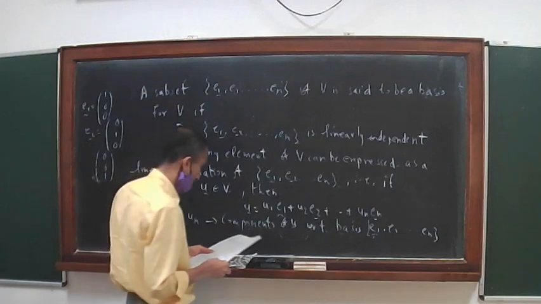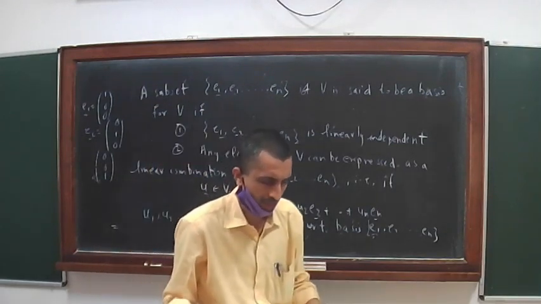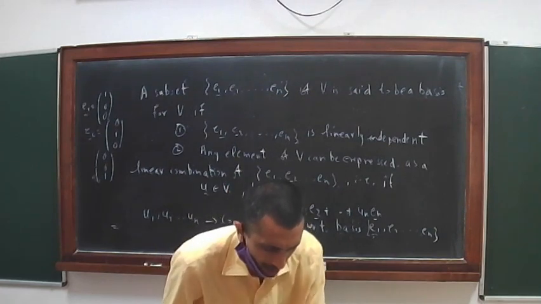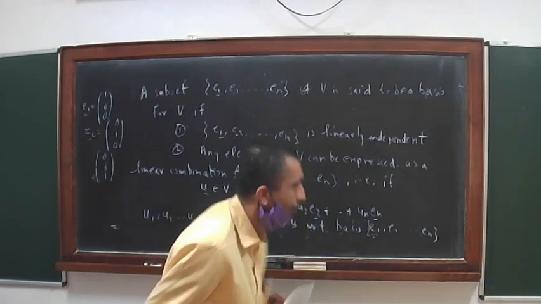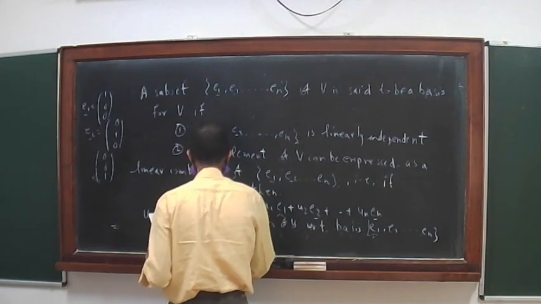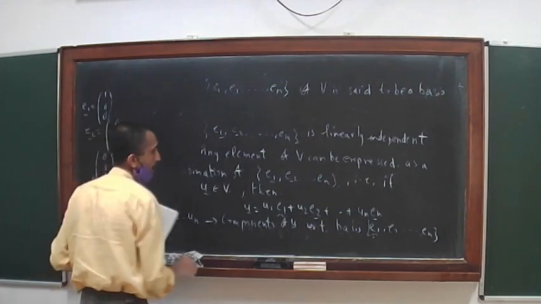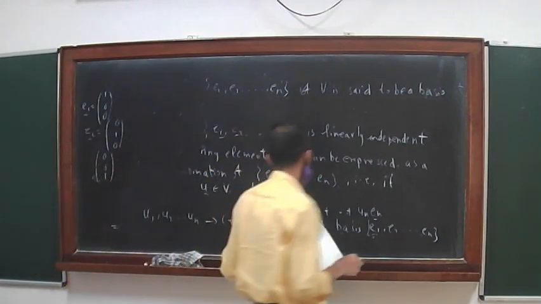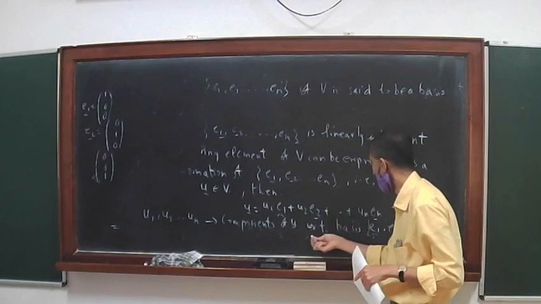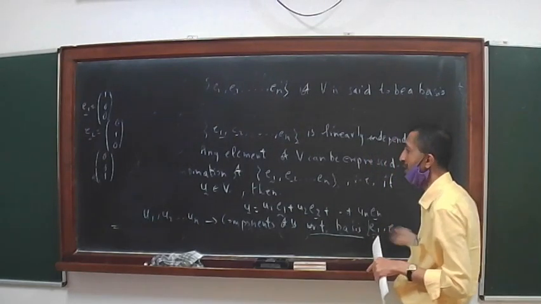Fine. Let us move on then to the next concept. We have the following theorem now regarding the basis. Another important thing that I forgot to mention, and this statement is also very, very important with respect to this basis: if I change the basis, then the components will change.